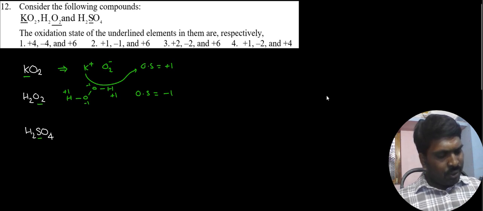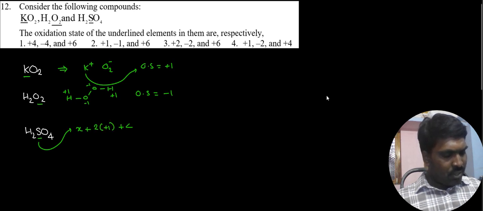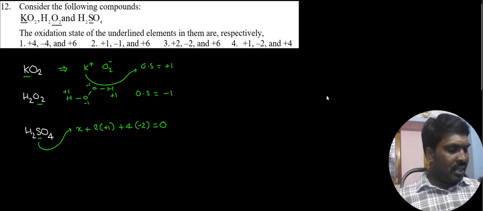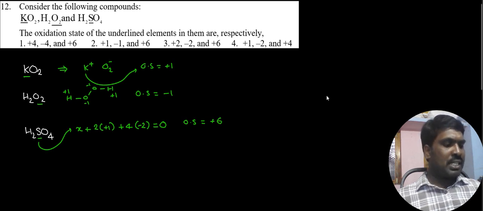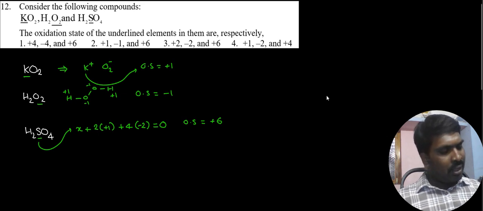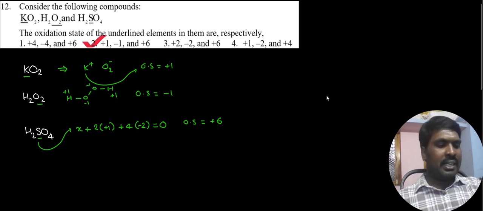Now coming to sulfuric acid, sulfur X, and 2 into hydrogen +1 plus 4 into oxygen -2, that is equal to 0. Then here oxidation state of sulfur is +6. So +1, -1, +6. Then which option is right answer? Option 2 is right answer.